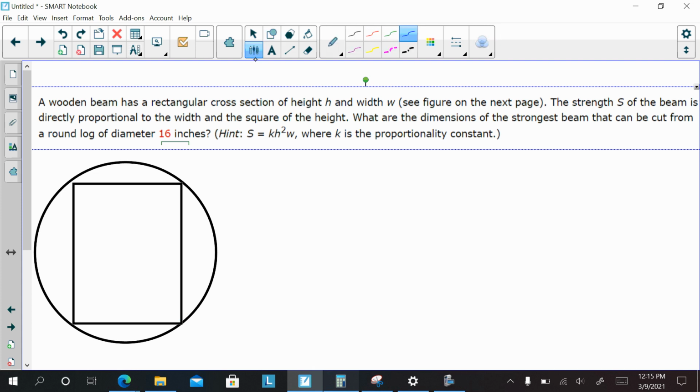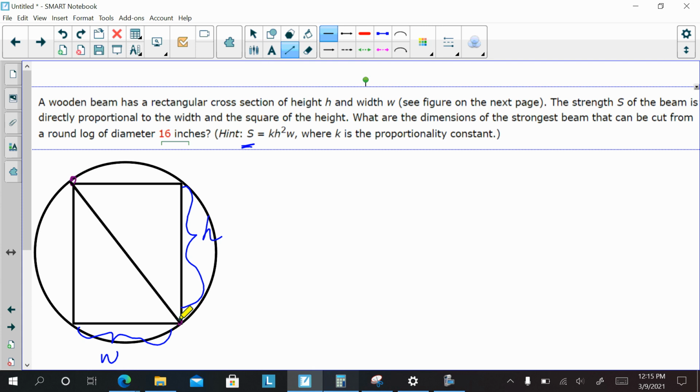They tell us that the strength S equals K times H squared over W, where this distance is H and this distance is W. And notice that the distance from here to here is the diameter, and we're told that distance is 16 inches. That's how big around the log is.